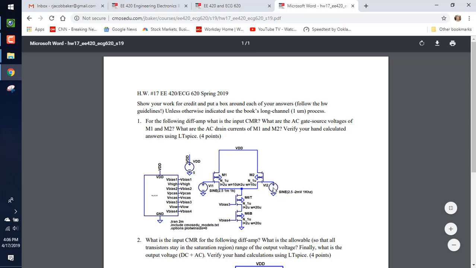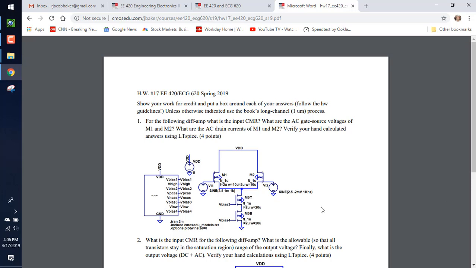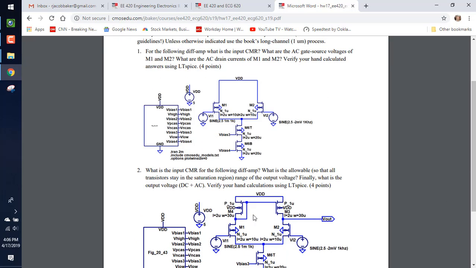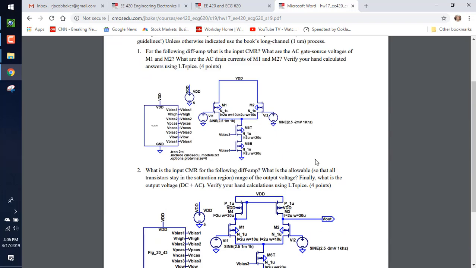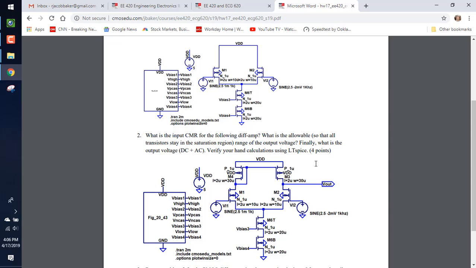Well, for the second one, I asked you to simulate the range of the output voltage. You mean this one? Yeah. You just sweep one of the inputs with the other one held, and then if you hold the, actually, let's do that too. I want to make sure you get this for your projects. But let's do the AC first on that one. And the gates have AC 1 millivolt minus 2 millivolts.